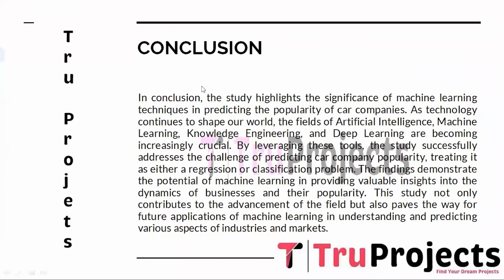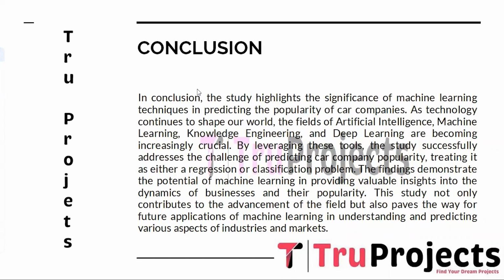In conclusion, the study highlights the significance of machine learning techniques in predicting the popularity of cars. As technology continues to shape our world, the fields of artificial intelligence, machine learning, knowledge engineering, and deep learning are becoming increasingly crucial. By leveraging these tools, the study successfully addressed the challenge of predicting car popularity, treating it either as a regression or classification problem.